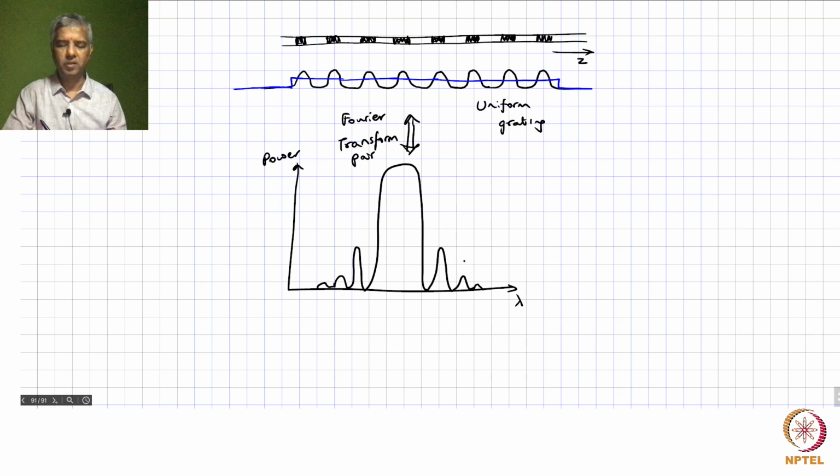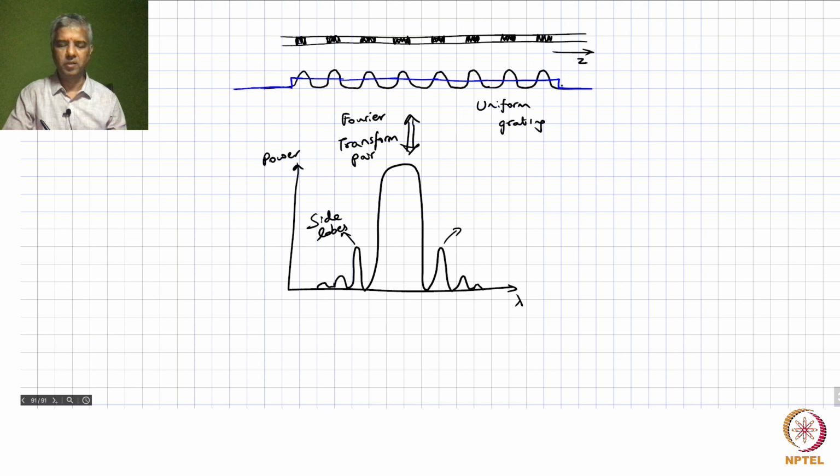And from that perspective, you can understand why we are getting these side lobes. They are just because there is a sudden transition over here and a sudden transition over here, and that is what creates all those side lobes.